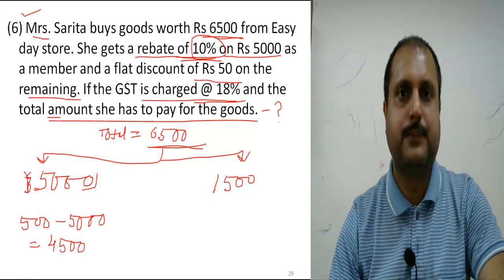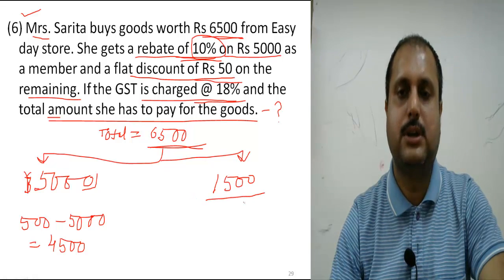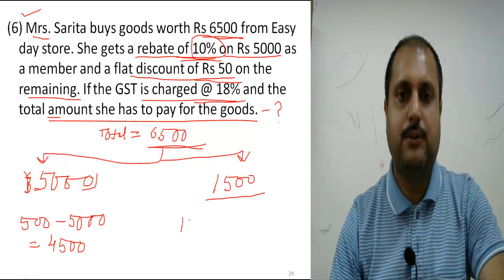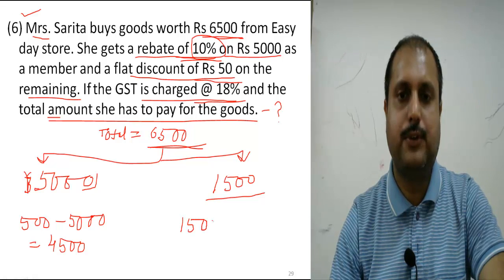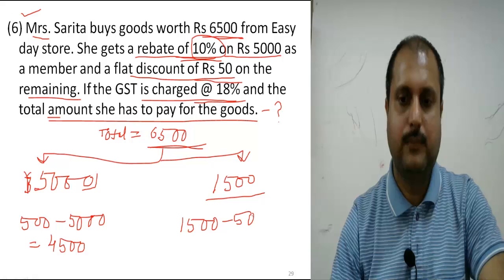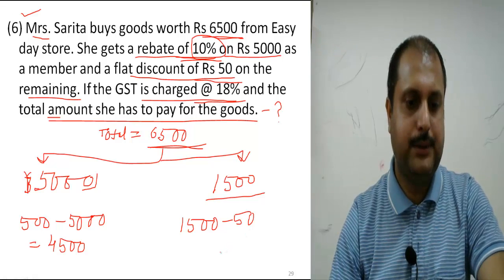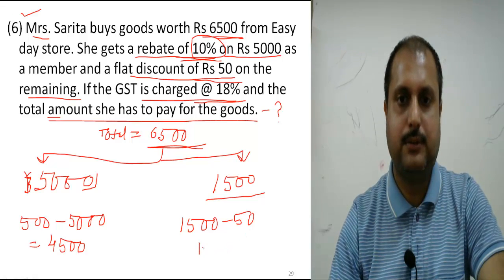Here it is telling a flat discount of rupees 50 on the remaining amount. So what is the remaining amount? 1,500 is the remaining amount. So 1,500 minus 50, what would be the amount? The amount would be 1,450.